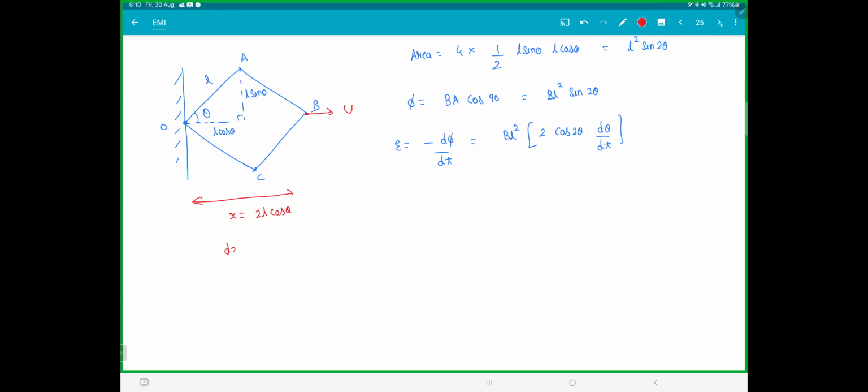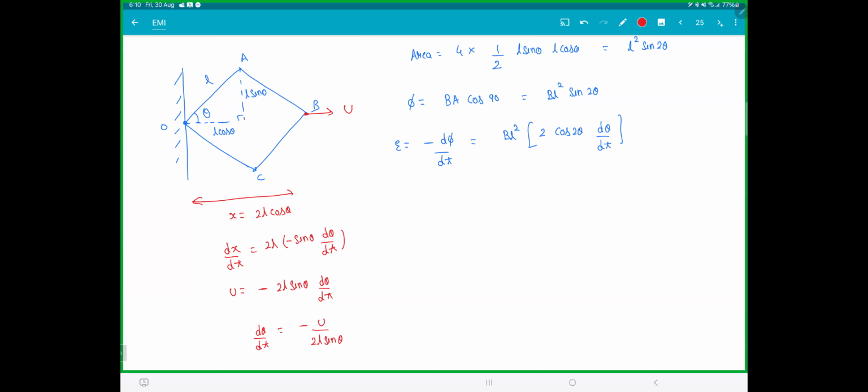If I differentiate on both sides, dx by dt will give you 2L minus sine theta d theta by dt. What is x? X is the coordinate of point B, isn't it? So rate of change of x is nothing but the speed. So u is equal to minus 2L sine theta d theta by dt. From here you got d theta by dt is equal to minus u by 2L sine theta. Is that making sense?